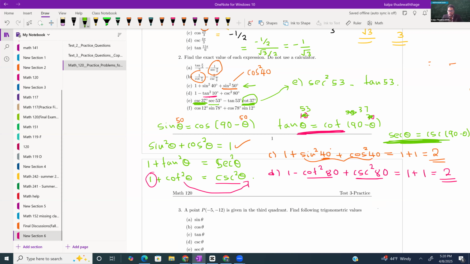So it's tan 53 again, so I'm not going to write it again. I put a square. Secant square. Let me highlight here. I'm going to use this identity. If I bring tan to the other side, it's minus tan square. So this will be 1.